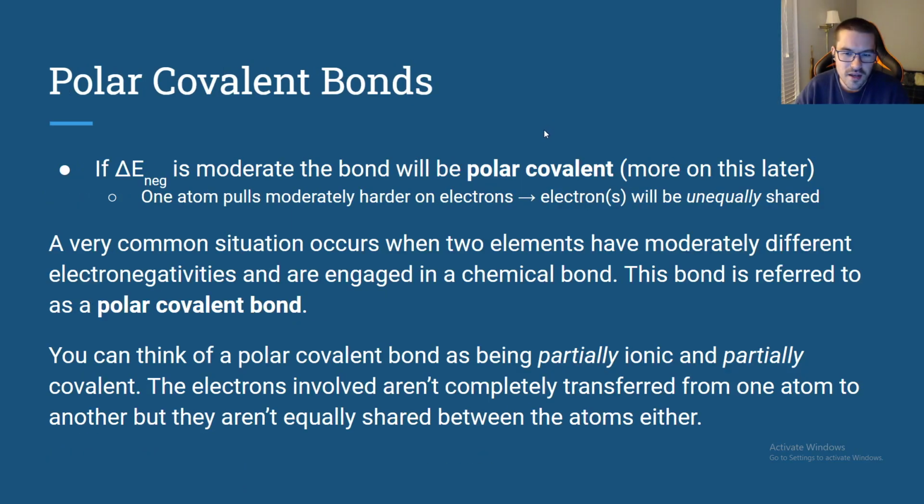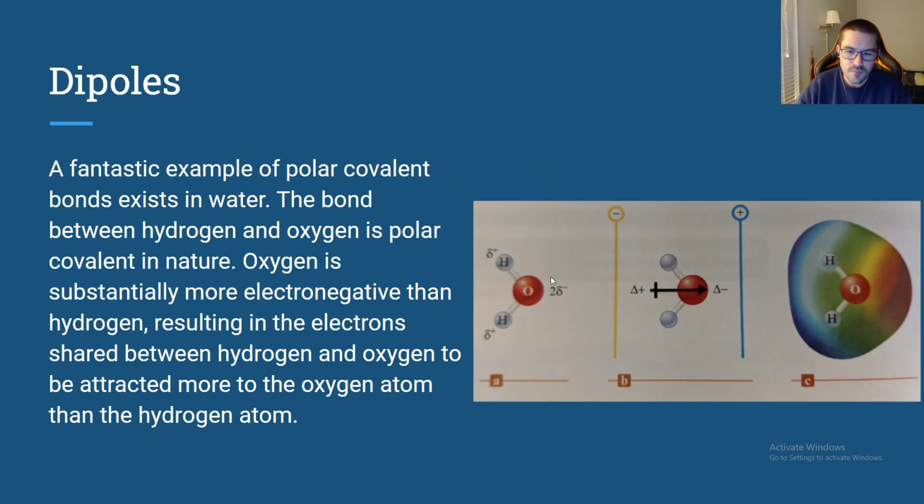What that means then is that with water, you end up with this polar covalent bond scenario, okay? Oxygen is the more electronegative atom, much more electronegative than hydrogen. And what that results in is oxygen being kind of an electron hog, okay?